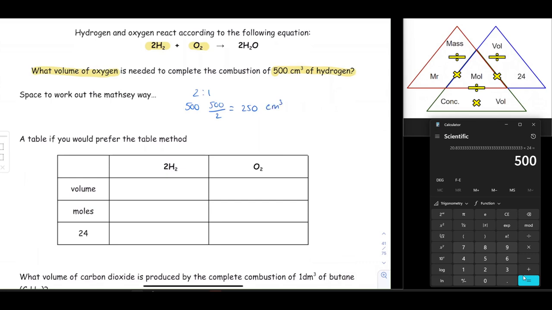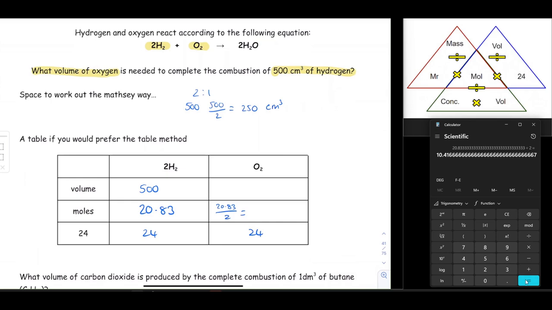But if you don't like the mathsy way, we just plug it into the table and we say we've got a volume of 500. We divide that by 24 to give us the number of moles. That gives us 20.83. If I've got half the number of moles, I've got 20.83 over 2.